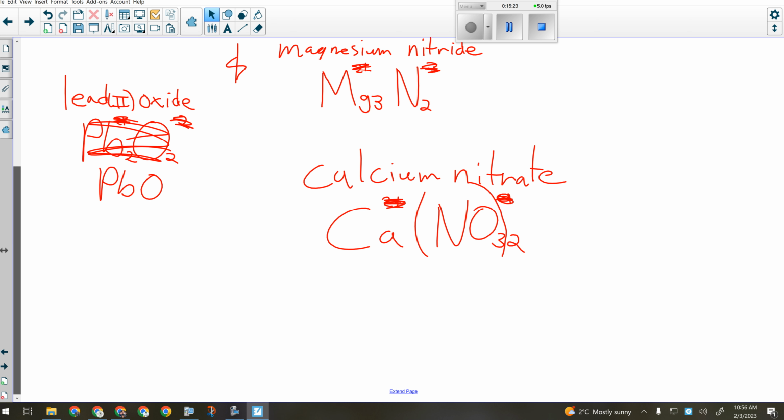So that's the little extra trick that we have to remember: if we're doing this with polyatomic ions and we have to put a number beside the polyatomic ion, we have to put brackets around it so it applies to all of it. The same would be true if I had this one here.